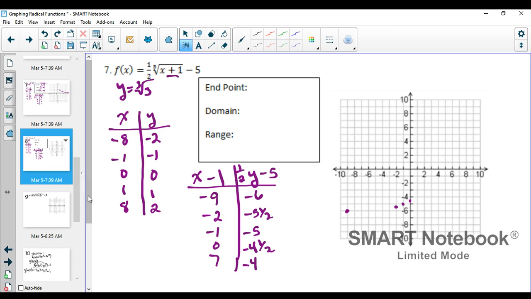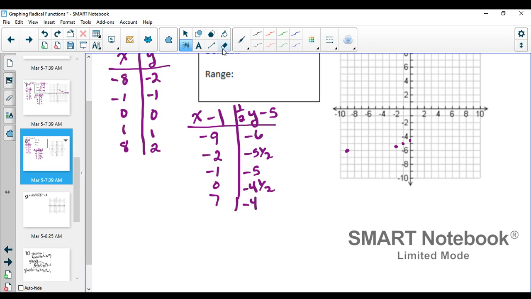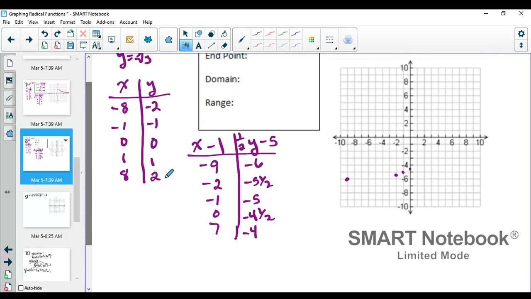I forgot a number in here. Oh no, I didn't, we're good. And 7, -4. And there we go. So if we draw this, it looks something like this. It looks almost like a flat line except this little bump in the middle.